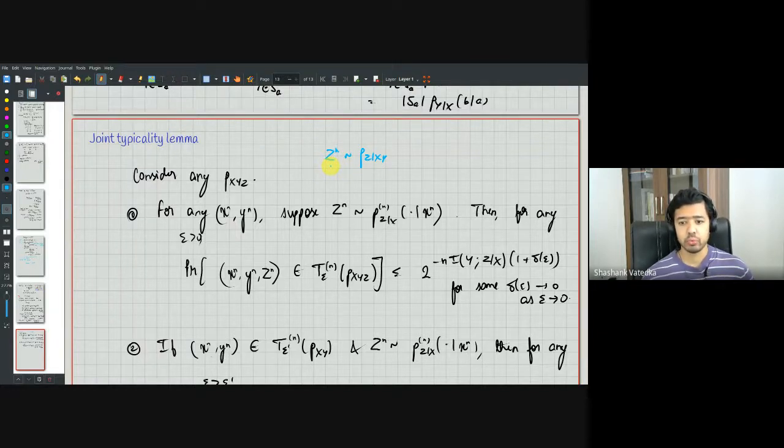But now, what if z^n is not drawn according to p(z|x,y), but instead according to p(z|x)?